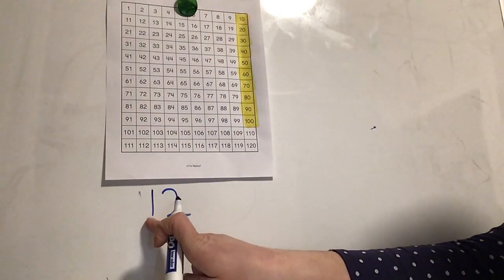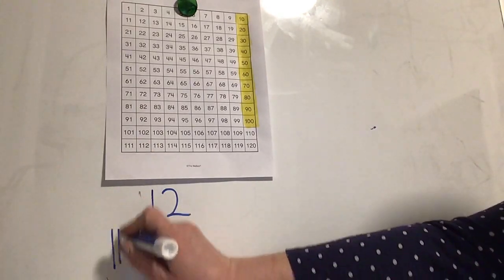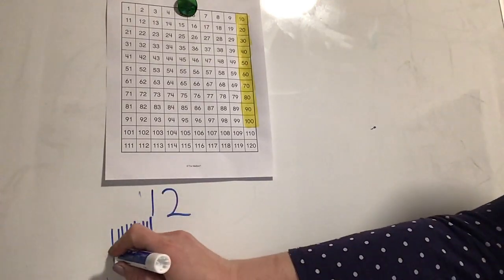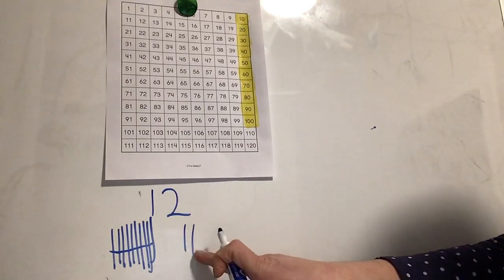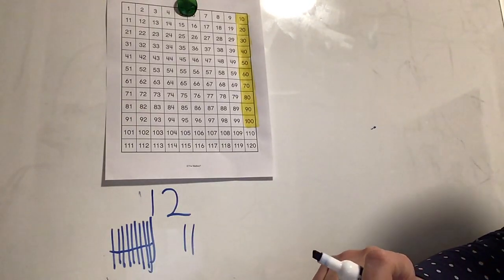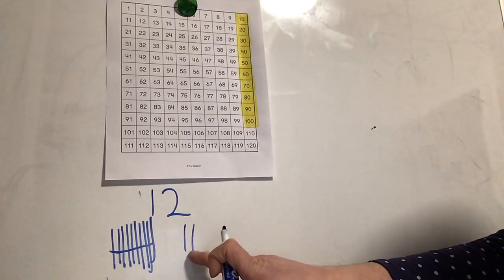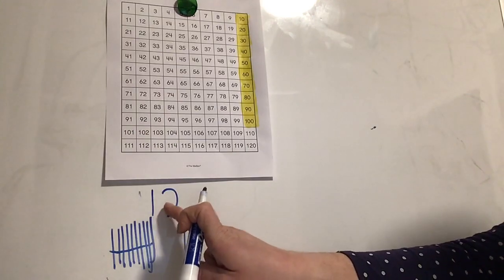So I have one bundle of 10: 1, 2, 3, 4, 5, 6, 7, 8, 9, 10. So I tie it with a ribbon, right? And then I have two by themselves, two ones, right? So when I count by ones, I add a straw to the ones pocket, right? So my number is going to change by one.